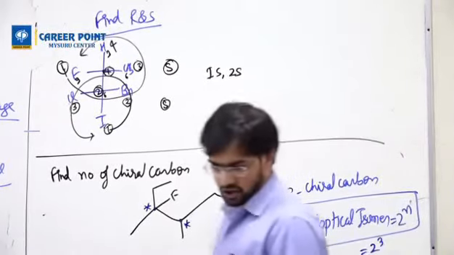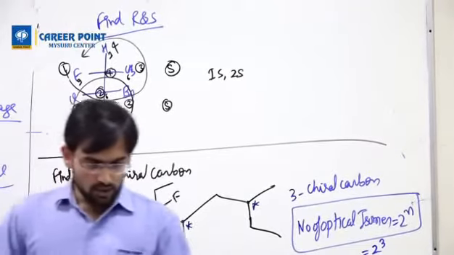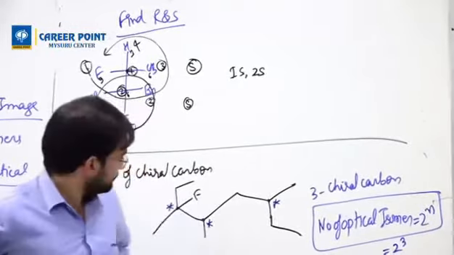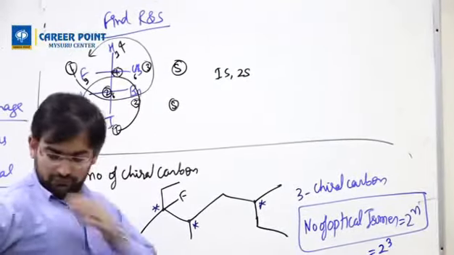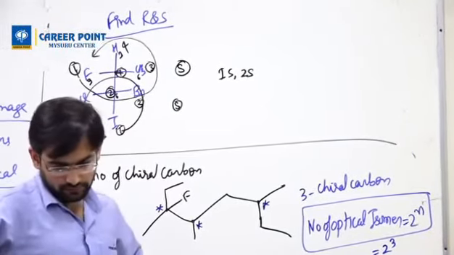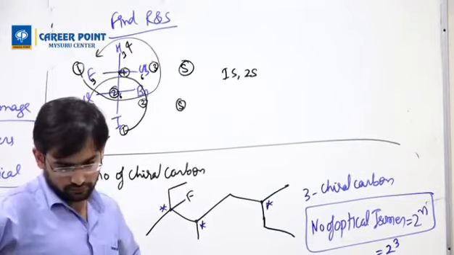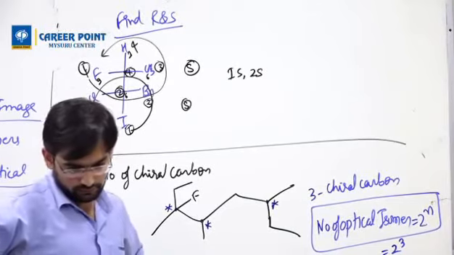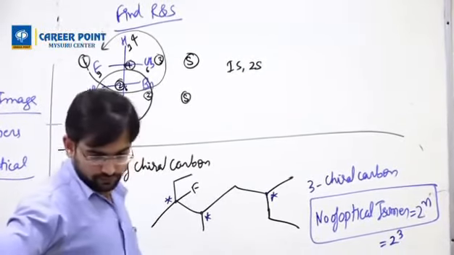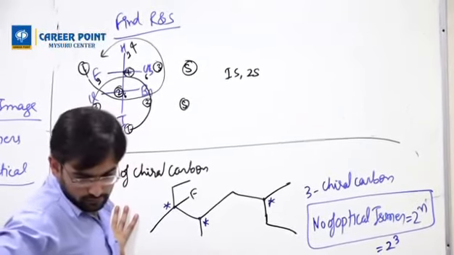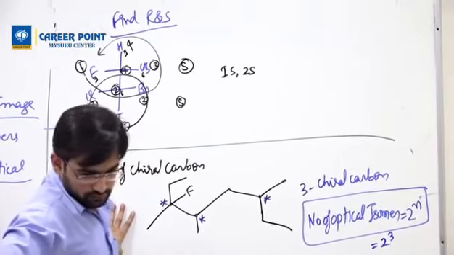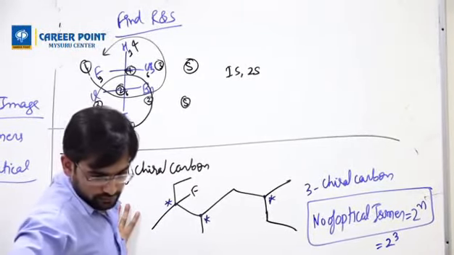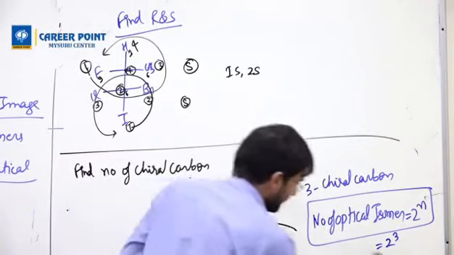How much is 2 power 3? Right, so the answer is 8.